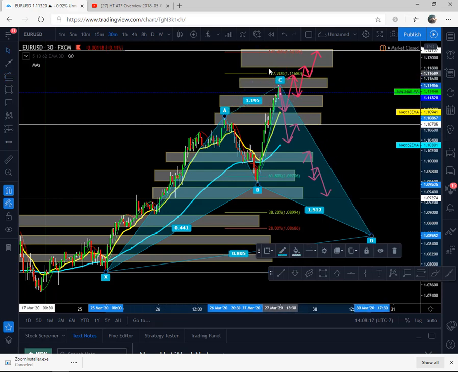And the C point must be above the 127.2 as a minimum, but cannot exceed the 141.4 with the body close. It could wick through it, but it cannot close with the body of the candle.